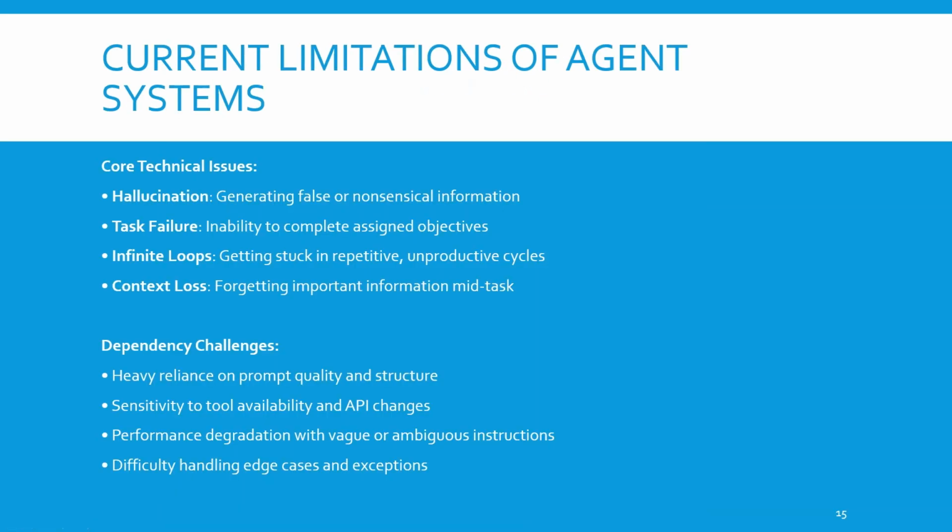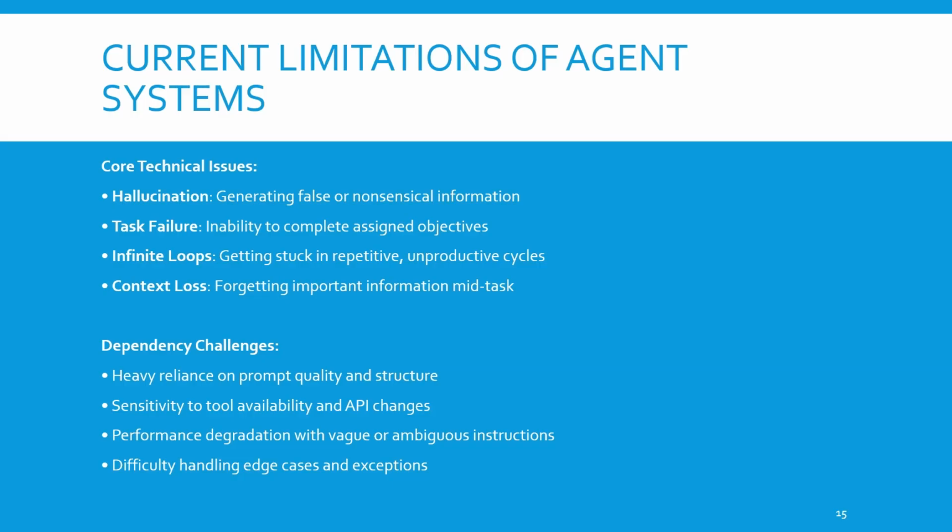So let's discuss some of the current limitations of agent systems: core technical issues, hallucinations, task failures, infinite loops, and context loss. Despite the exciting potential of agentic AI, it's crucial to understand that the current systems are still fundamentally fragile. Agents can hallucinate facts, fail to complete tasks that they are capable of handling, or get stuck in infinite loops trying to solve ambiguous problems.